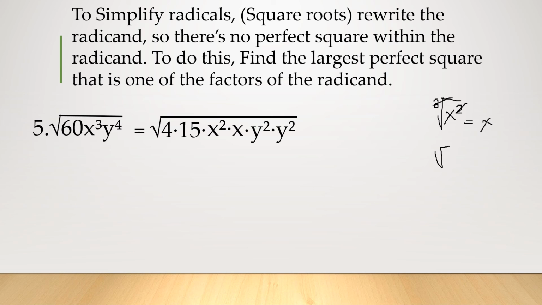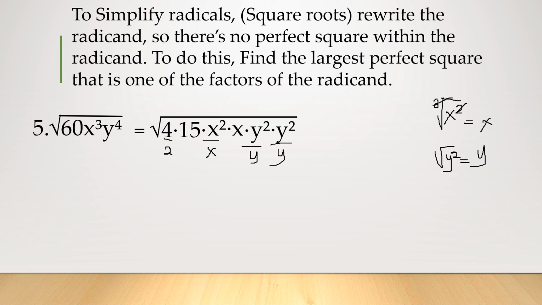Square root of y squared is equal to y. So here, square root of 4, that is 2. Square root of x squared is x, square root of y squared is y, square root of y squared another y.